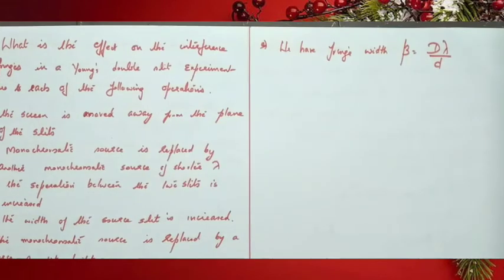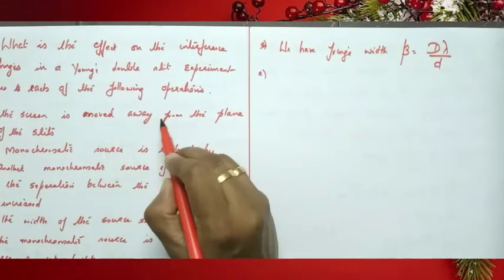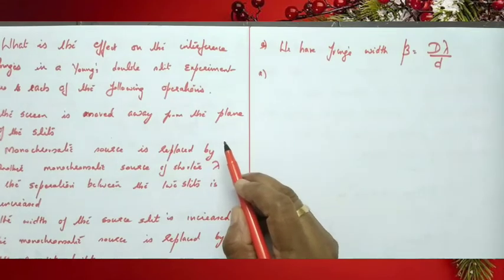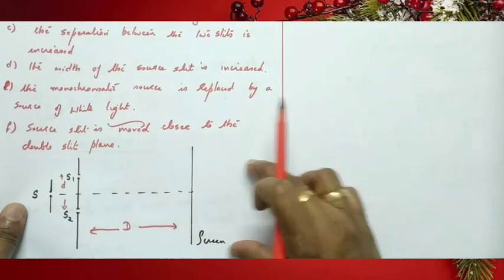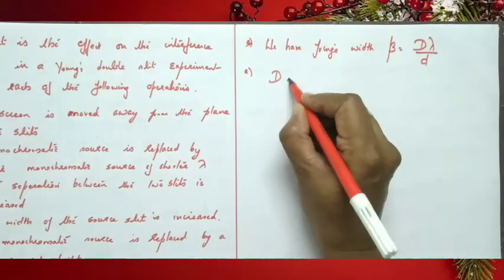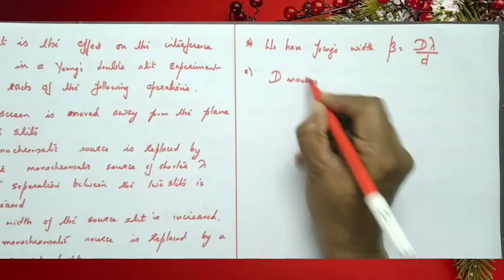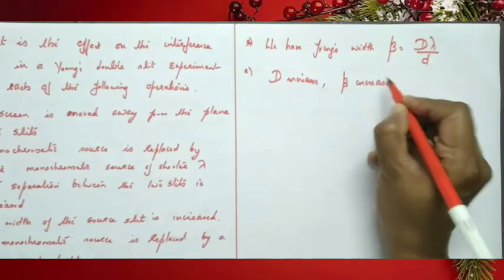This is the formula for fringe width, isn't it? Now, the screen is moved away from the plane of the slits means capital D increases. What happens to fringe width? Capital D increases, so the fringe width also increases, isn't it?